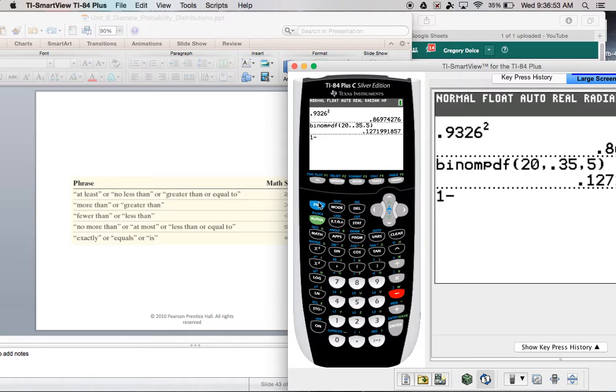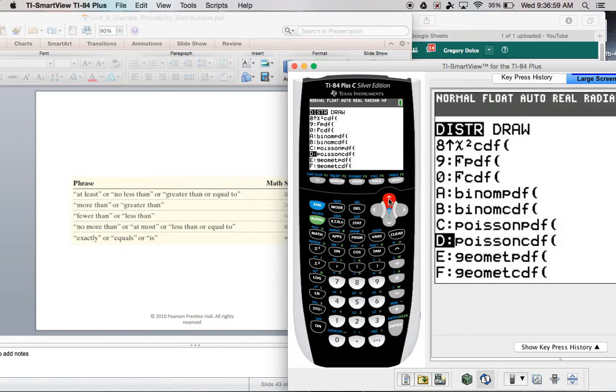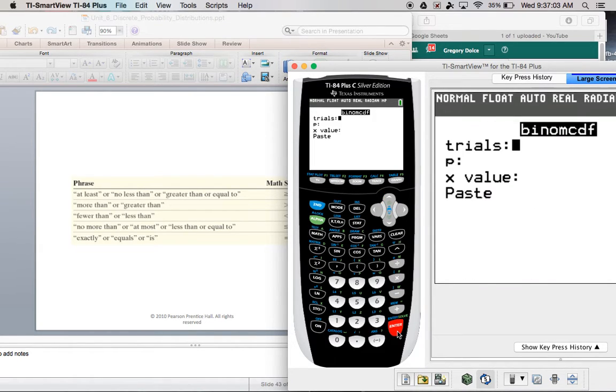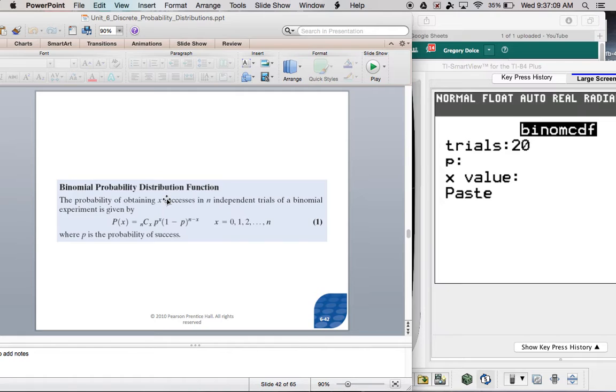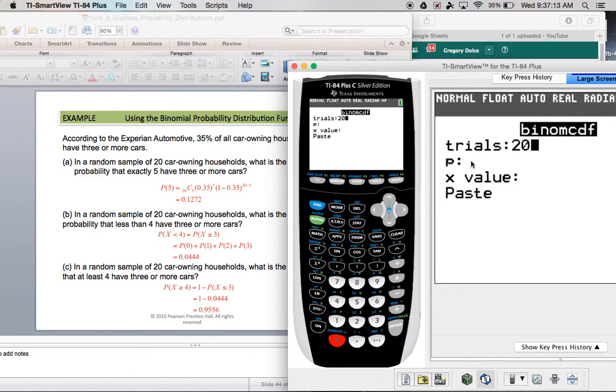So if I do 1 minus second vars binomial CDF, we're going to use the same example, 20. Let me get back onto this one so I can remember what it was. 20, 0.35.